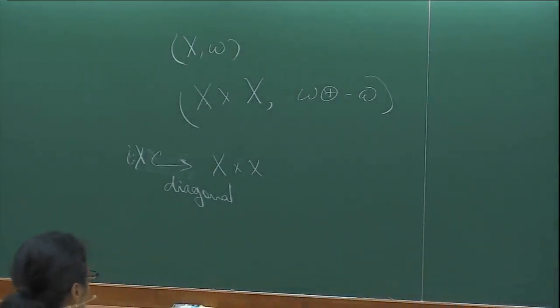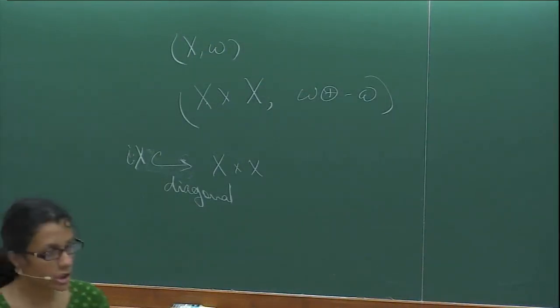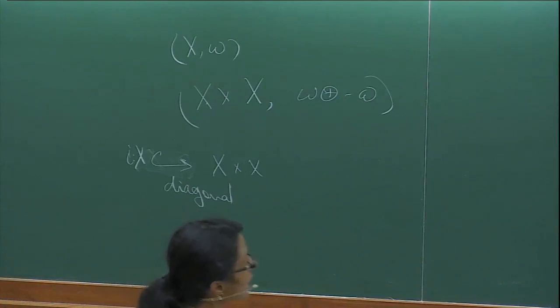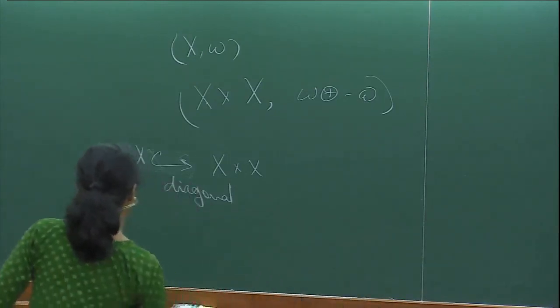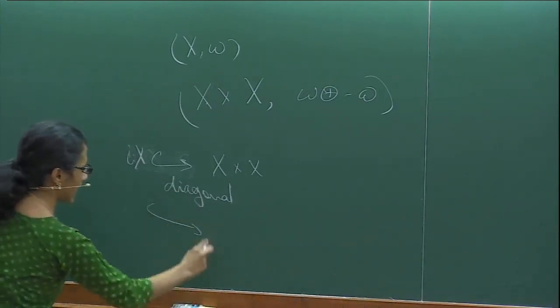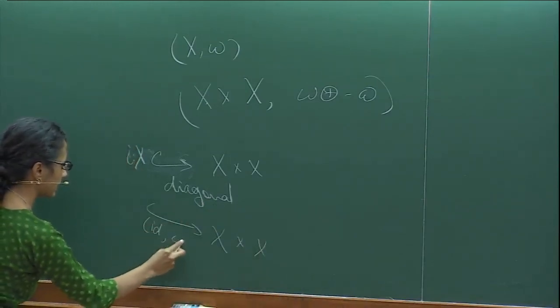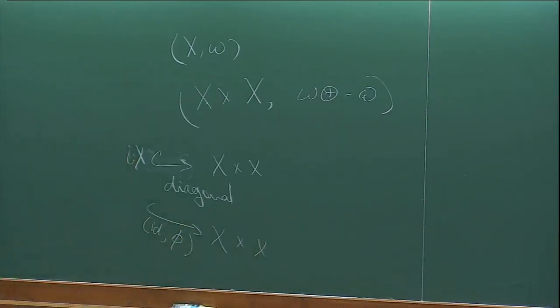So the diagonal is a Lagrangian, and in the Lagrangian intersection statement you have two Lagrangians. One of them I take to be the diagonal, and the other one I get by embedding X into the product as (identity, phi).